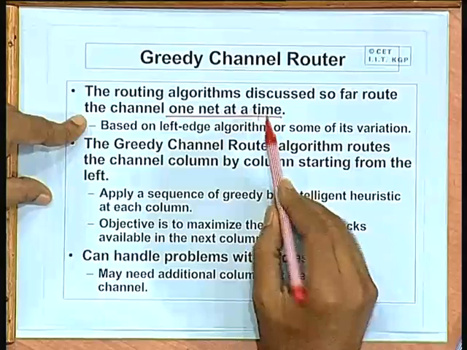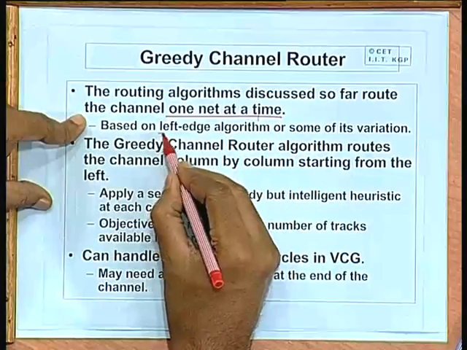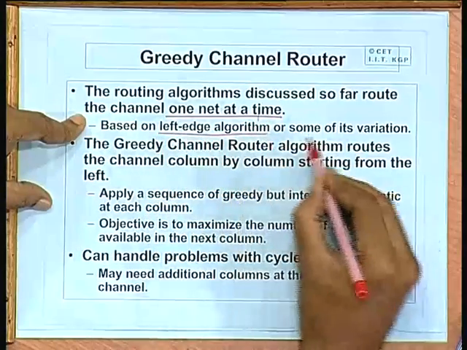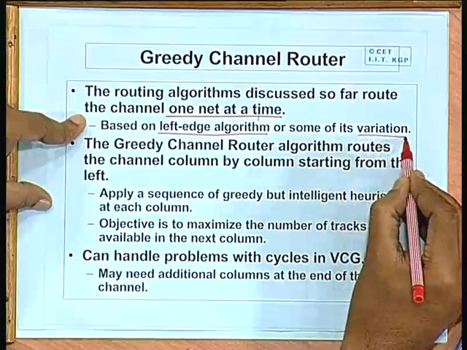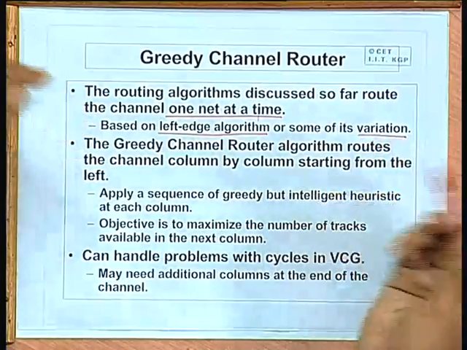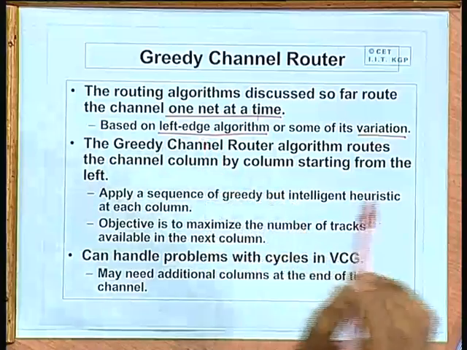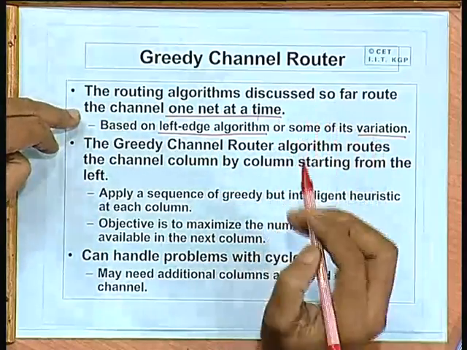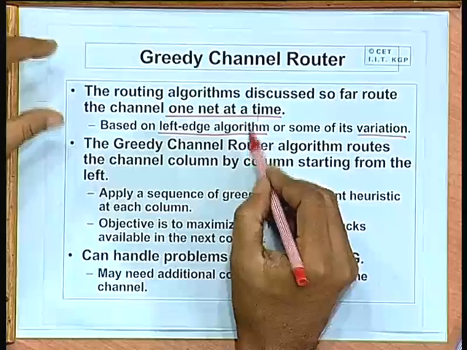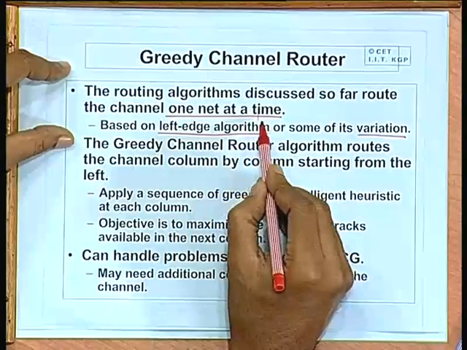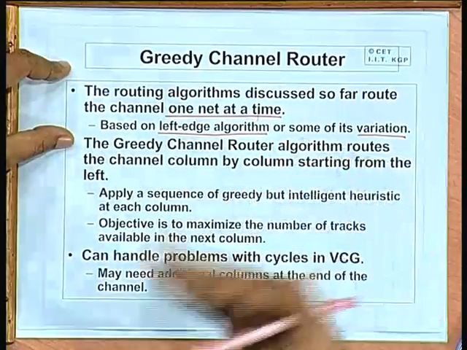All these algorithms were based on the basic left edge algorithm or some kind of its variation. Dogleg, Yoshimura, Ku, all of them were finally using the left edge algorithm. So, one main characteristic of these algorithms was that one net was taken at a time, routed, and then the next net was taken.